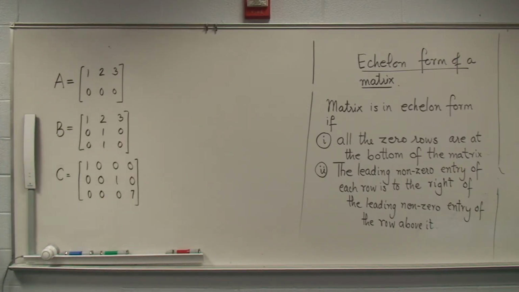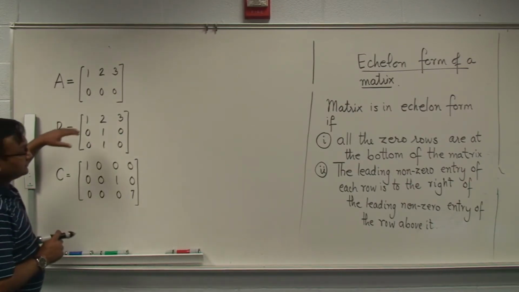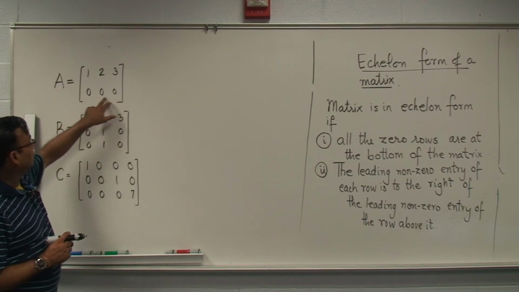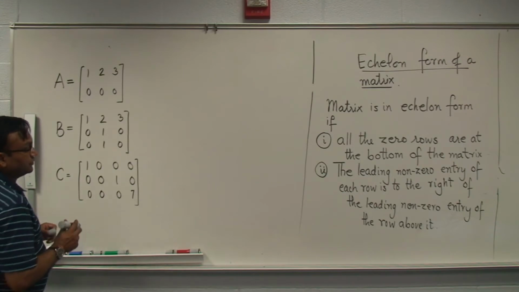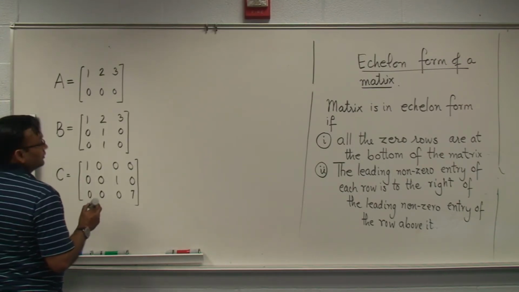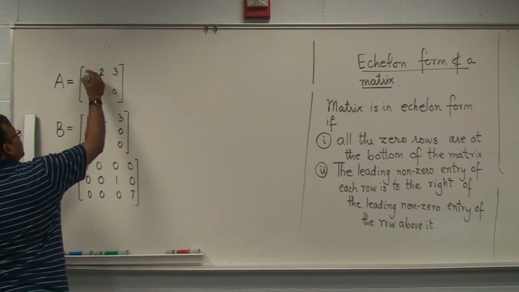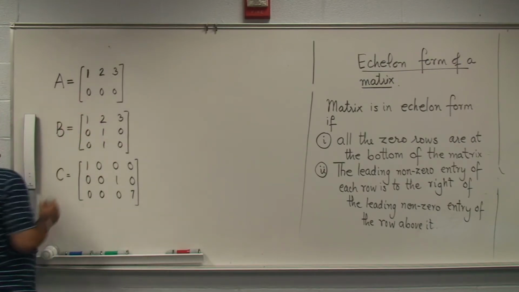Okay, so let's try to see which one of these matrices is already in echelon form and which is not. So let's start with matrix A. In matrix A, all the 0 rows are at the bottom. Well, we have a 0 row which is at the bottom. And the leading non-zero entry of each row is to the right of the leading non-zero entry of the row above it. So if you look at matrix A, this is the first row.